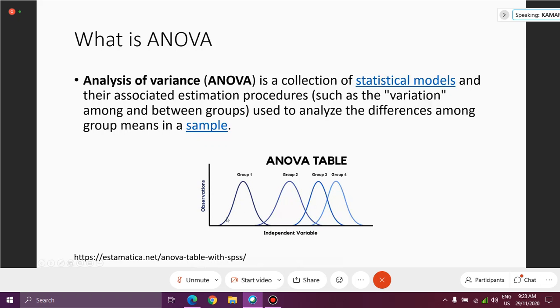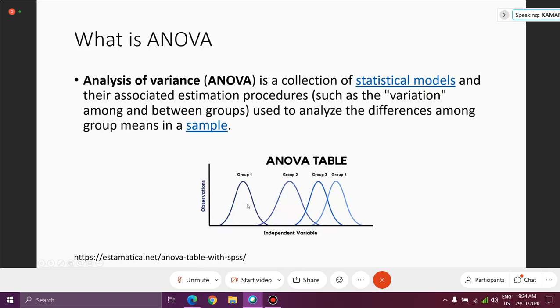So this distribution means the variations. There are variations of height for Malay, variations of height for Chinese, variations of height for Indians, and variations of height for others.